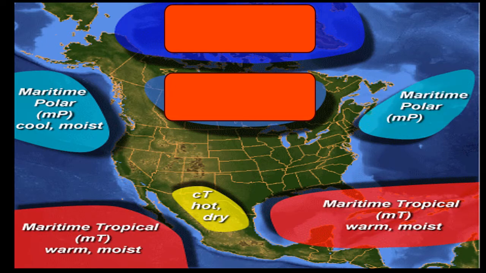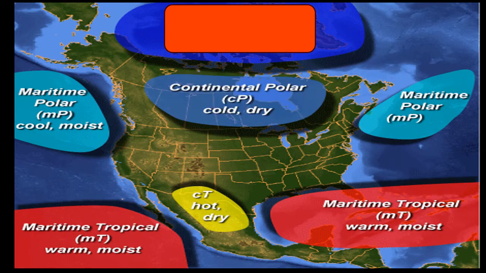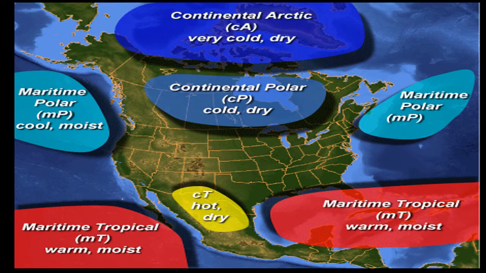We can get a maritime polar air mass coming from this area. Maritime polar would be, again, cold and moist. We can get continental polar coming from this area. That would be cold and dry. And finally, we have continental Arctic, which is going to be really cold air.